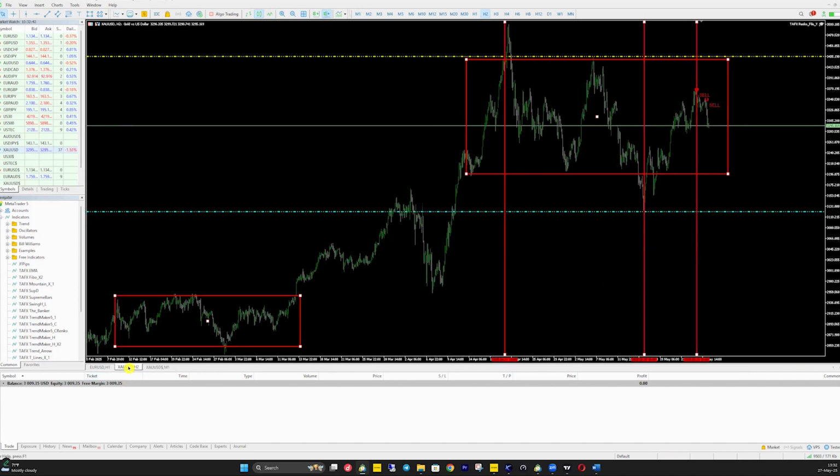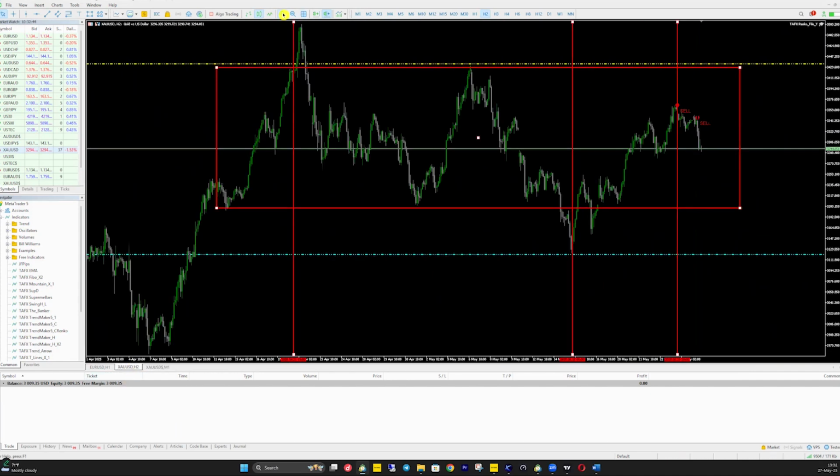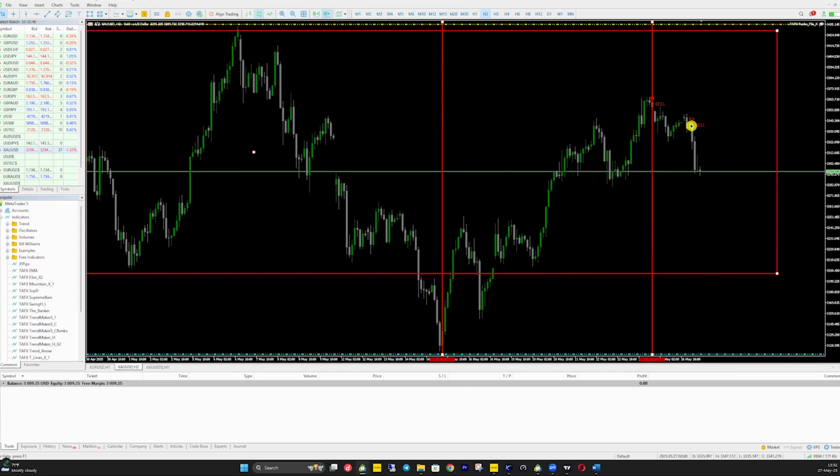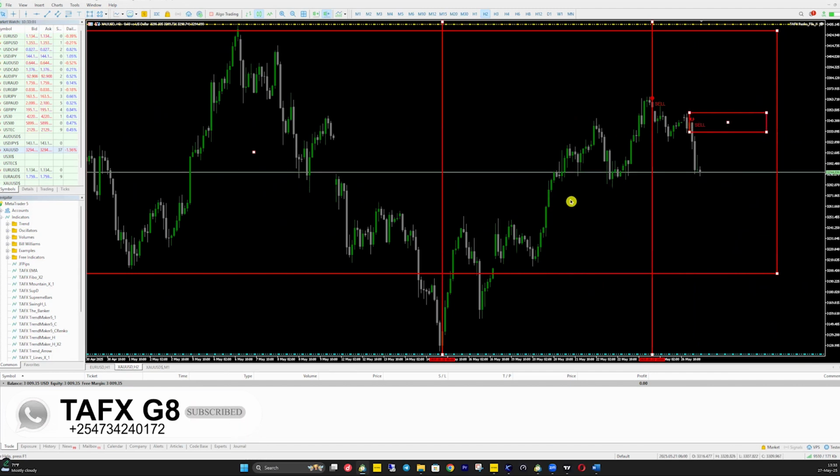But in this scenario here, you can see we really have our all-in-one order block here indicating a sell. So this order block is telling us, let me show you something here, it has already detected an order block here, right?